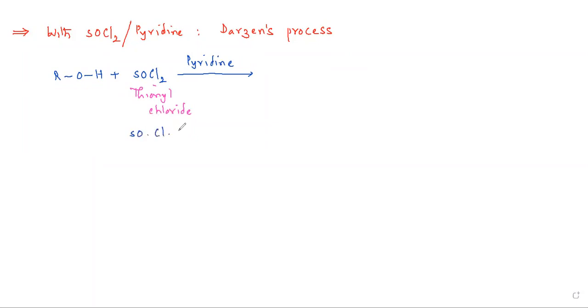For convenience, let us do it this way. We get alkyl chloride, HCl, and the thing that is remaining is SO2. RCl plus SO2 plus HCl, right?